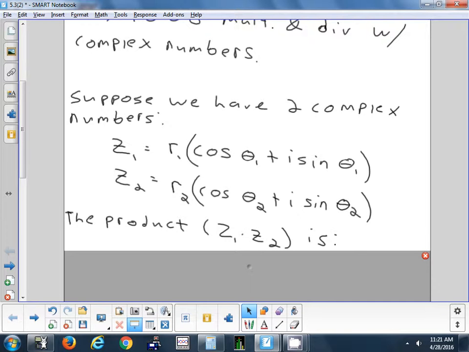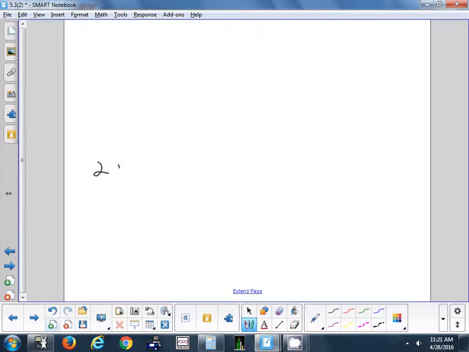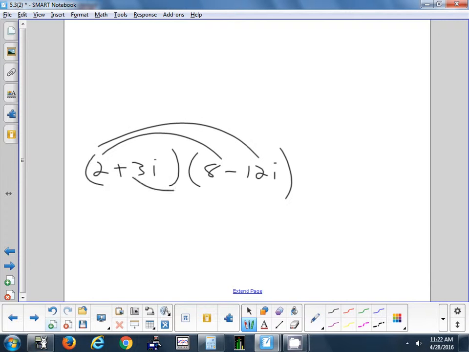I'm going to show you the formula for the product first, how we'd multiply them. Normally, this is where we would start doing FOIL. If you had this times this, now we would start doing all of this out.